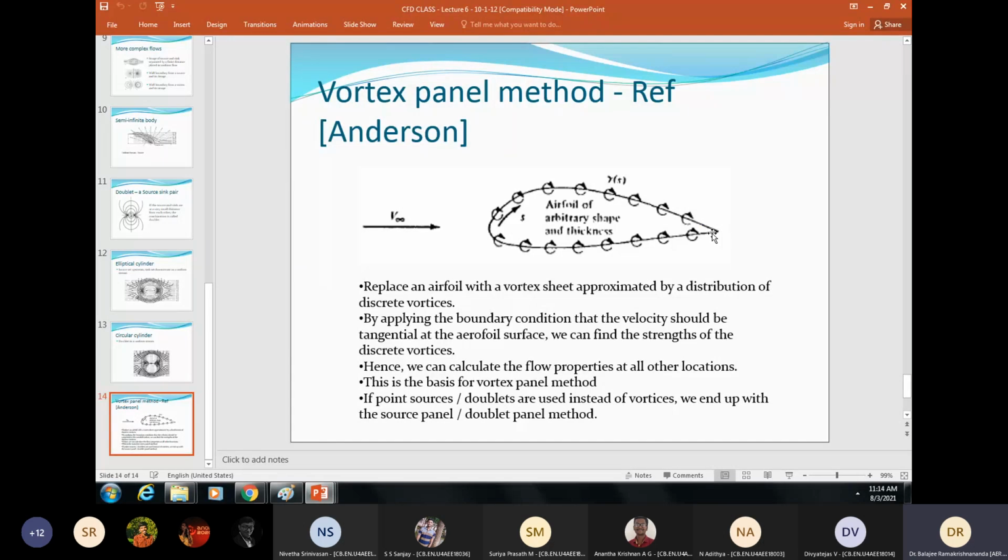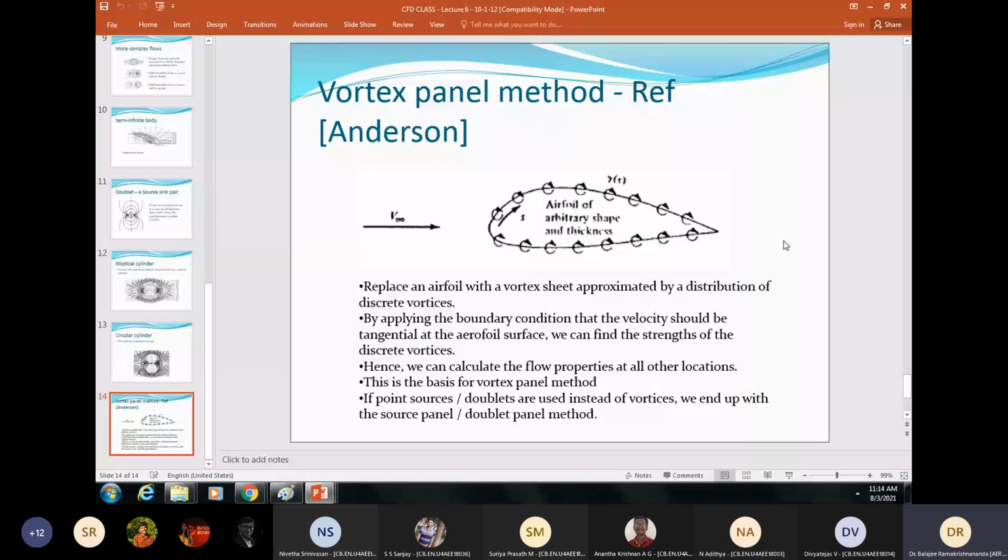In the sum at the trailing edge, the gamma will be 0, which will ensure the Kutta condition. Now you would have read the proof for all these things in Aerodynamics 1. This puts one extra equation. You have n unknowns, but n plus 1 equations.